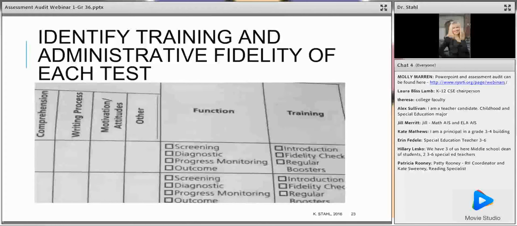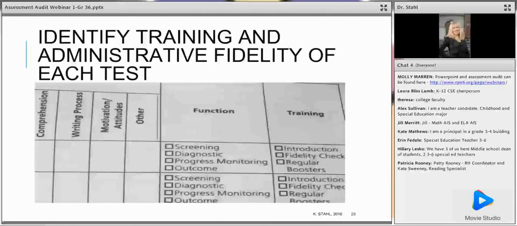Dibels and Amplify have wonderful check sheets that they provide. You don't even have to make it up, so that teachers, peers, can go in and observe each other testing, say, 2 or 3 children, complete the check sheet, and then have a conversation to ensure that these procedures are being adhered to.